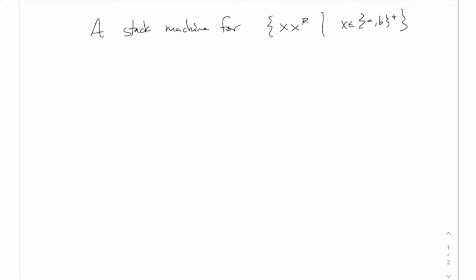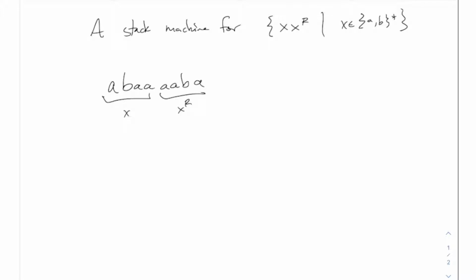Because of the way that a stack machine stores things, it very naturally stores strings of this format in a really nice way. For example, something that has this format, x followed by x reverse, would be something like ABAA AABA, right? This is the x, this is the x reverse.